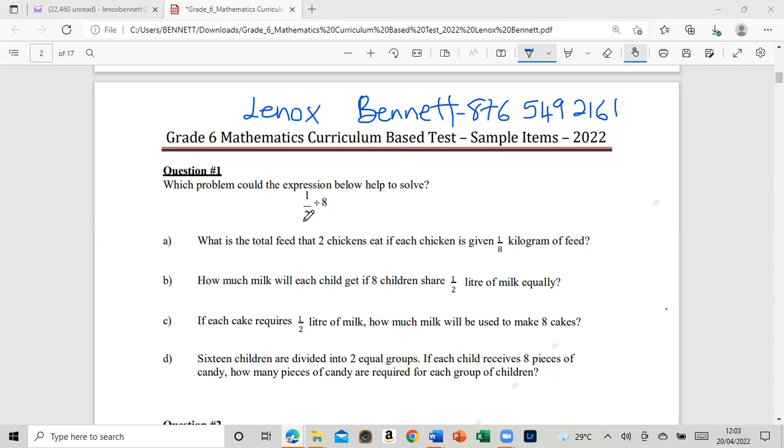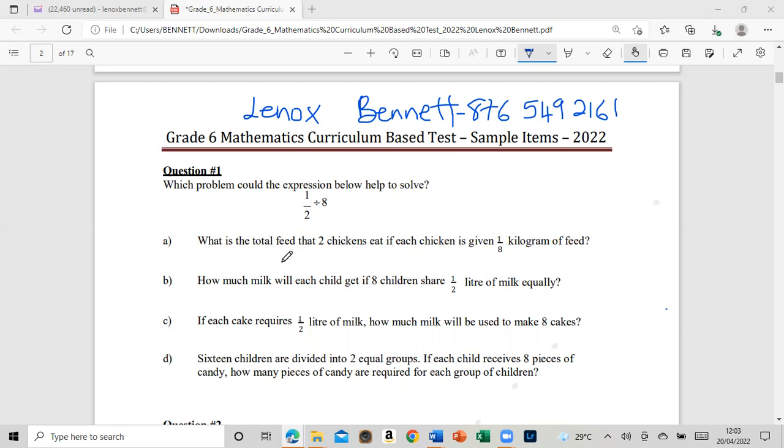And here we have a half divided by 8. A says, what is the total feed that 2 chickens eat if each chicken is given 1/8 of a kilogram of feed? B says, how much milk will each child get if 8 children share half liter of milk equally?